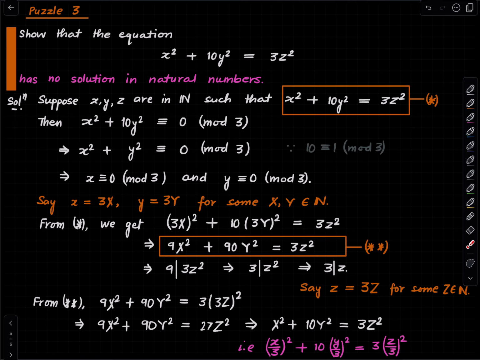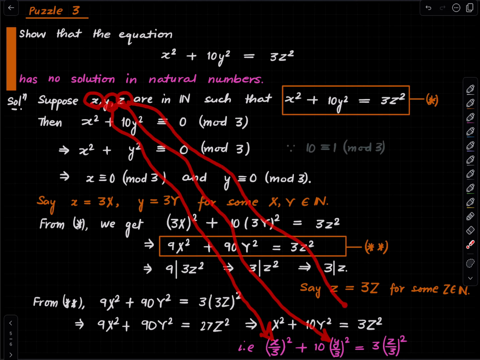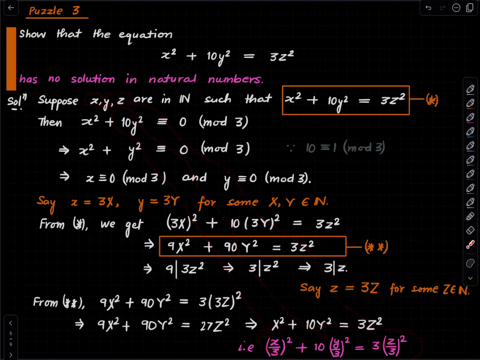So if we start with a solution to this equation, we can produce a strictly smaller solution in the sense that each member in this solution triple is smaller than the original triple. All we have done is show that you can replace x with x by 3 and still retain an integer, y with y by 3, and z with z by 3, and these 3 new integers again satisfy the same equation. Right?